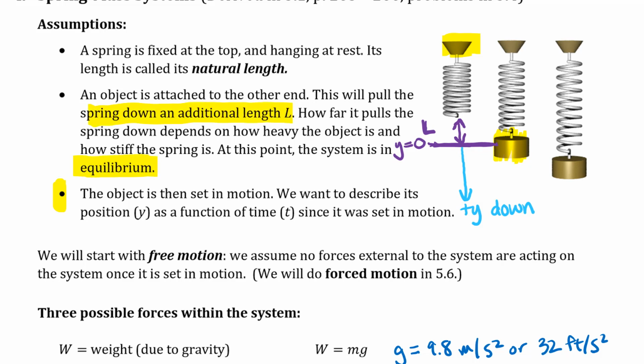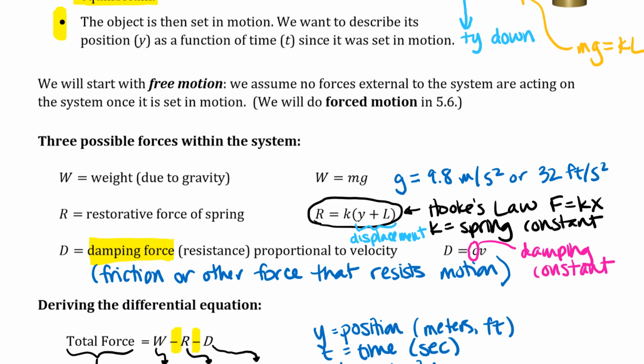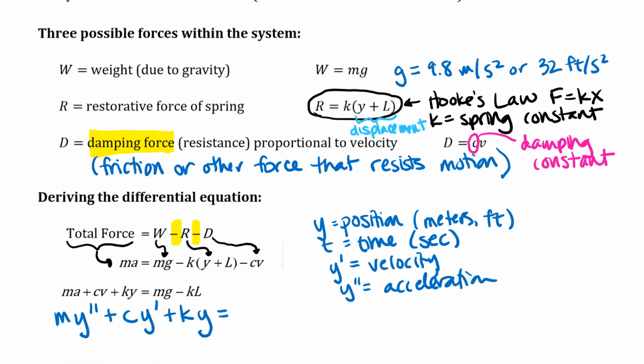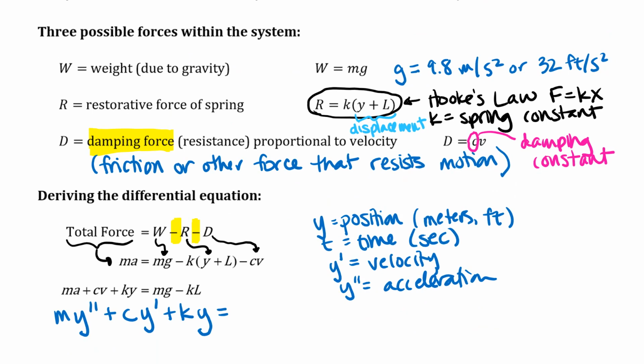Because the object is in equilibrium, all those forces are balancing each other out. So we have mg equal to KL at equilibrium, and because those are all constants, mg is equal to KL throughout the problem. That makes it nice, because then in our differential equation, the right-hand side is just 0.